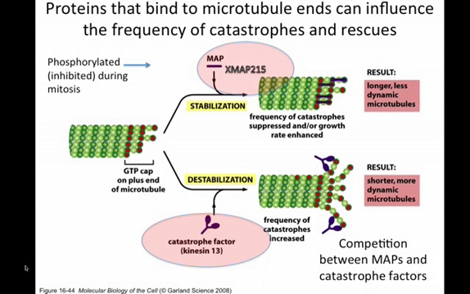So I guess I'll add these probably over here. With the MAPs, what did we say, XMAP215, stabilizing. These are examples of MAPs. And then you'll have kinesin 13 or just catastrophe factors. And the catastrophe factor, is that stabilizing or destabilizing?